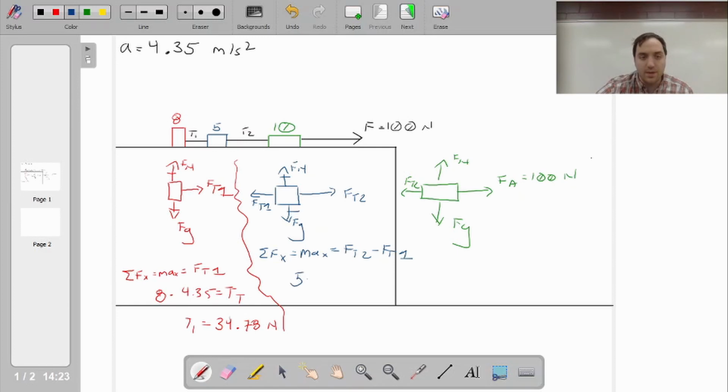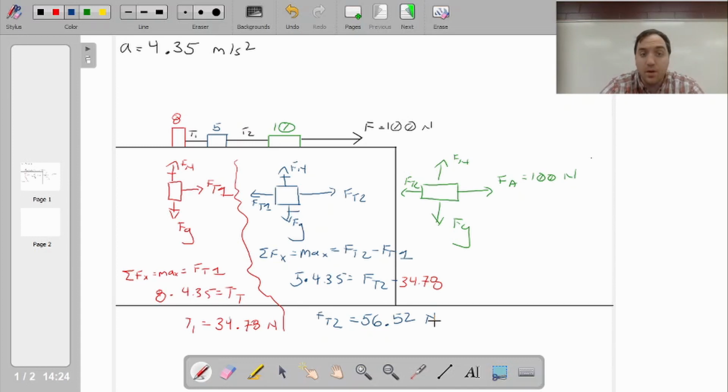So 5 times 4.35 equals FT2 minus the 34.78 I had here. If I rearrange and solve, I get 56.52 newtons. And there you have it. That's how you can find the tensions.